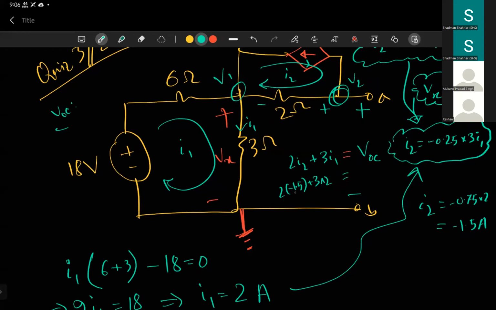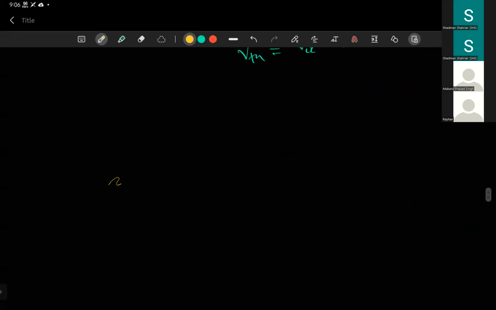Now, if you are doing node analysis, that would have also been easy, not that hard, but most of you have made some mistakes here. Let me show the mistakes.